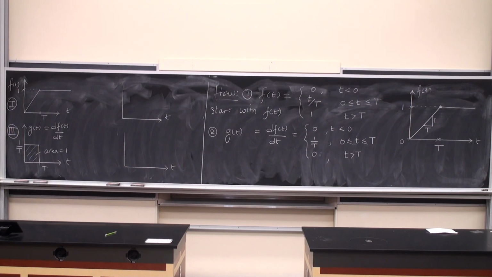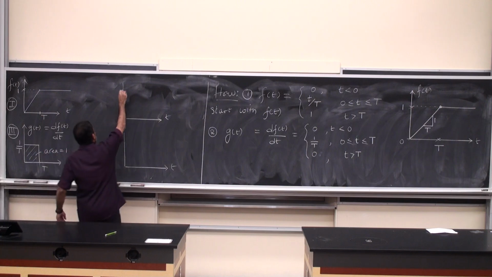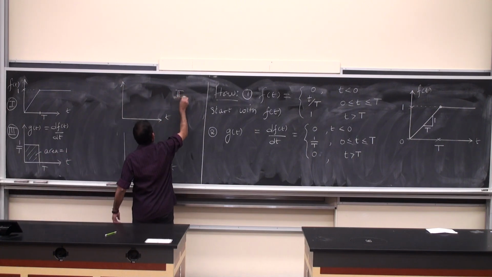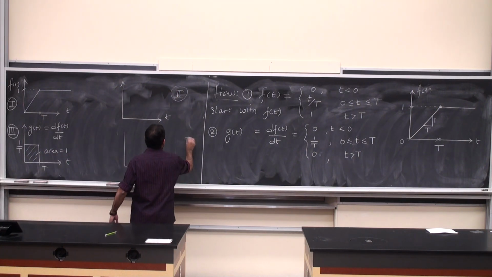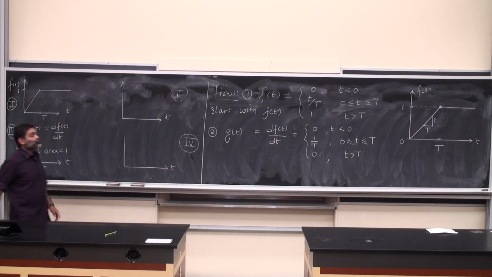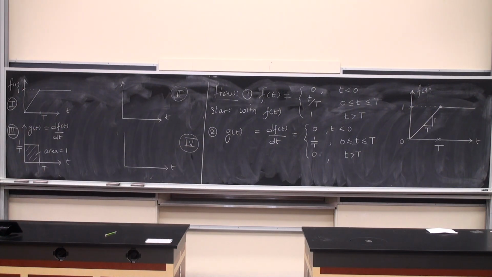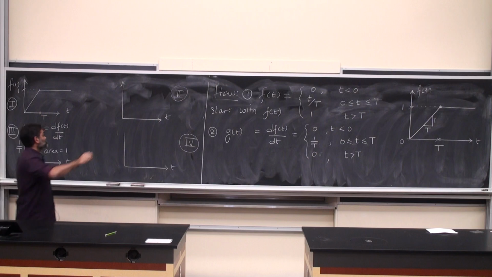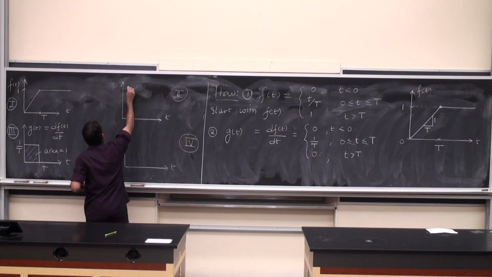I'm going to call this figure 3 because I have figure 2 coming up next, which is this guy, and then figure 4. Figure 3 is a unit step. How do I get the unit step? By taking f of t and setting the limit to 0. Okay, so I have u of t.